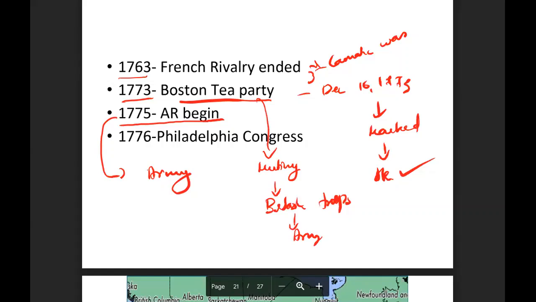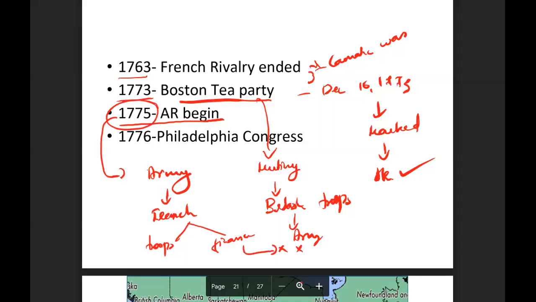What happened is that at the same time, suddenly, who came? The French came to help America. Even though I told you they are not on the continent, they were there on the other side. They came to help America, and the French gave troops to the Native Americans, and also gave money. Financial help was given, and the two armies fought here. That is why the American Revolution began in 1775.